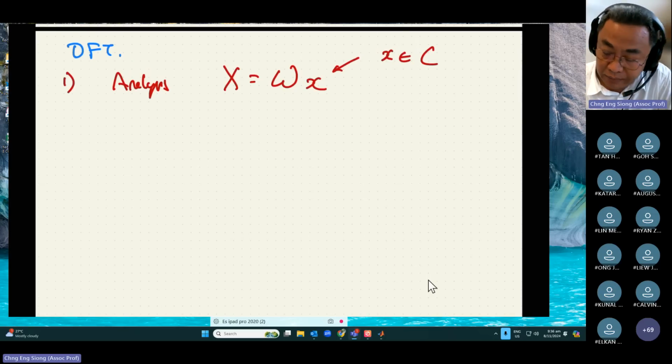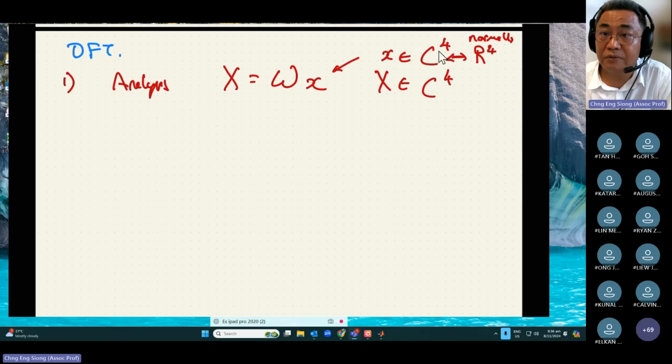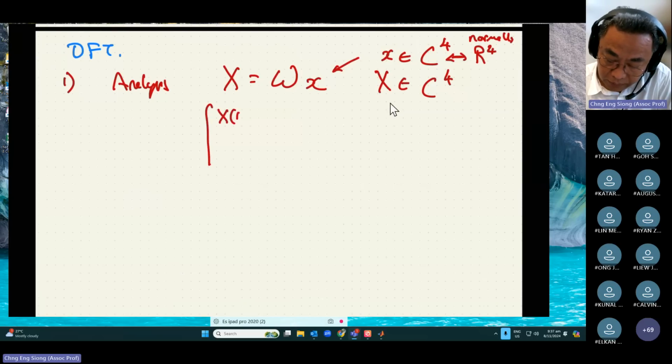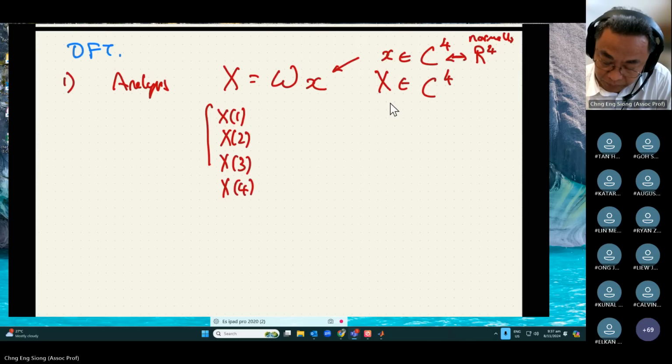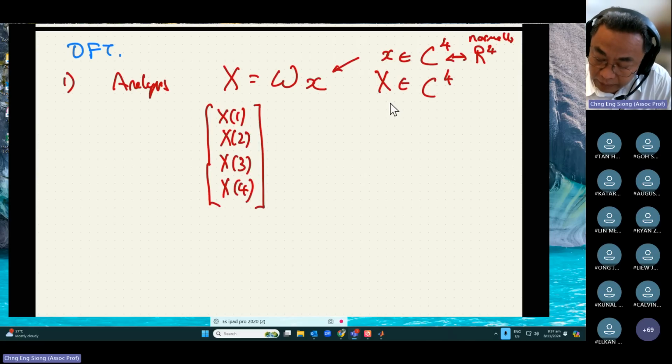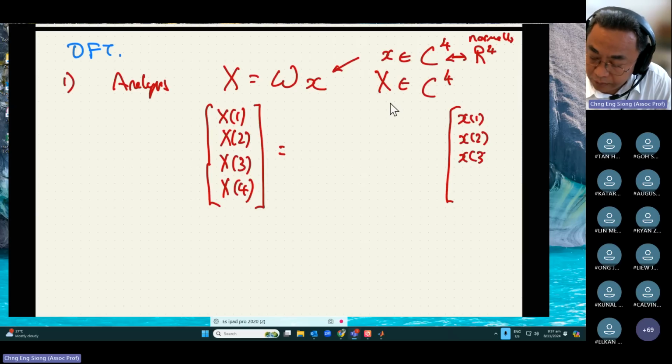For example, big X belongs to C4. Normally, the question will use R4, but it can be C4. So if this is 4 elements, big X1, big X2, big X3, and big X4, and the small guy is small x1, small x2, small x3, and small x4.